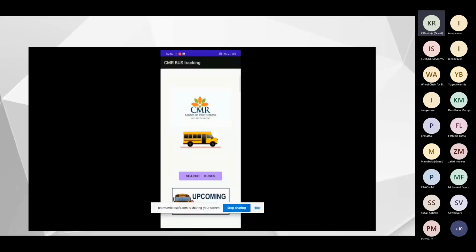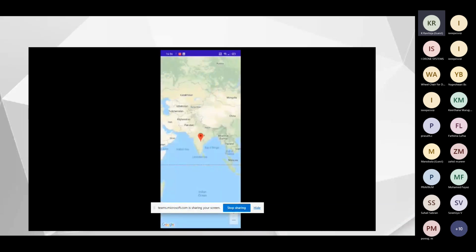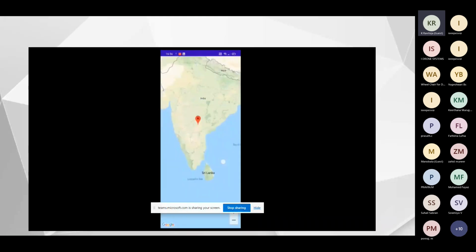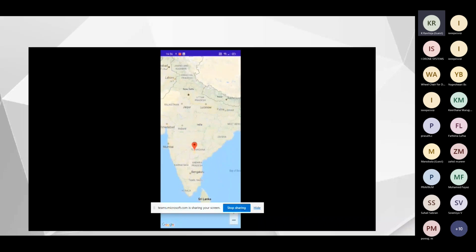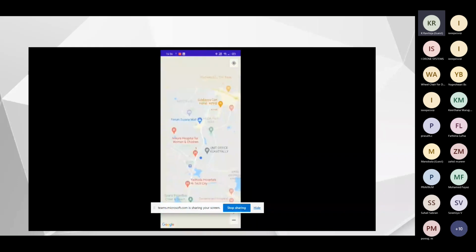Here in this app, we will be using permissions. The red one is the bus and the blue dot is our phone's location.